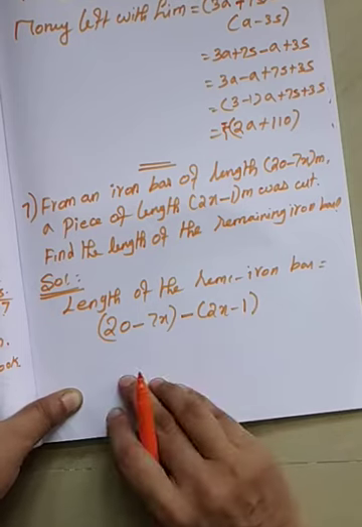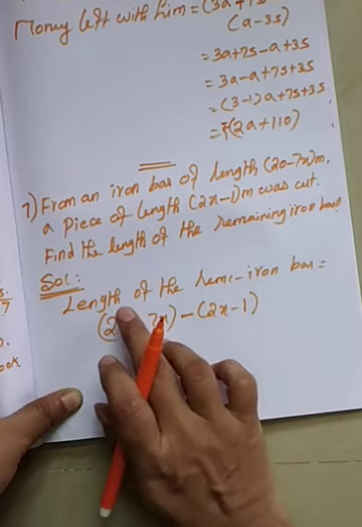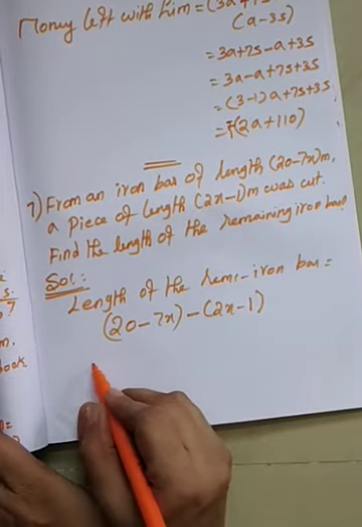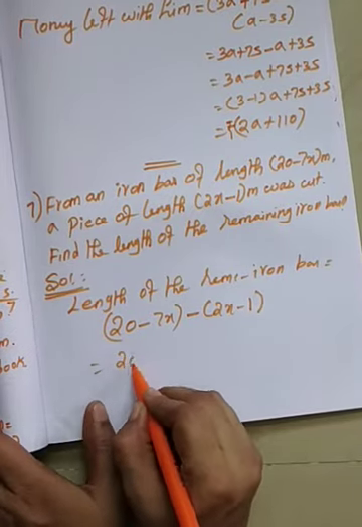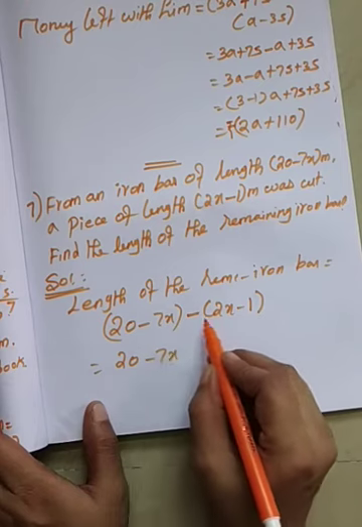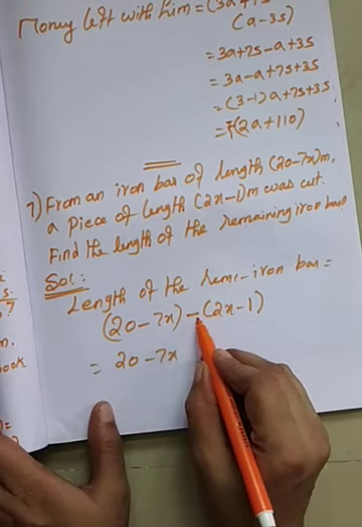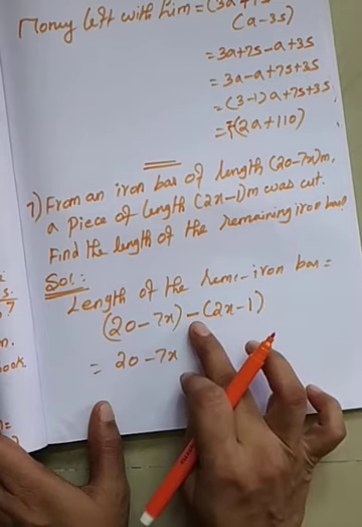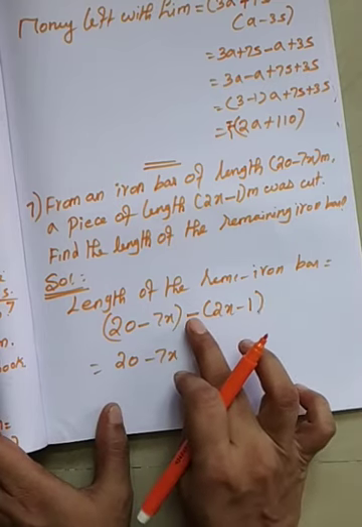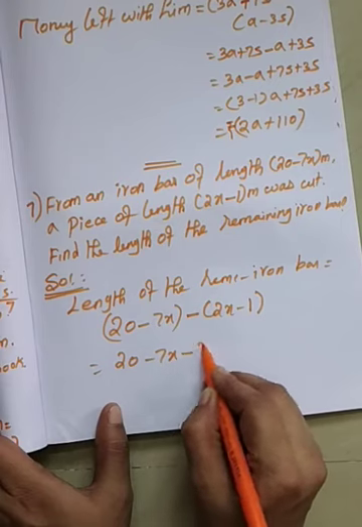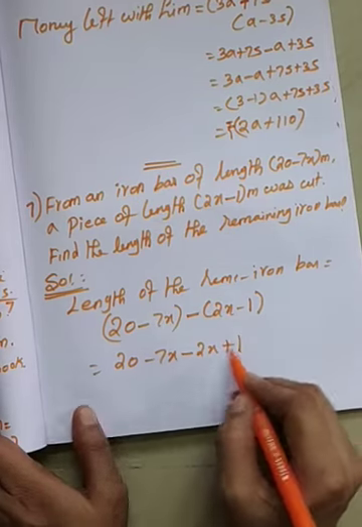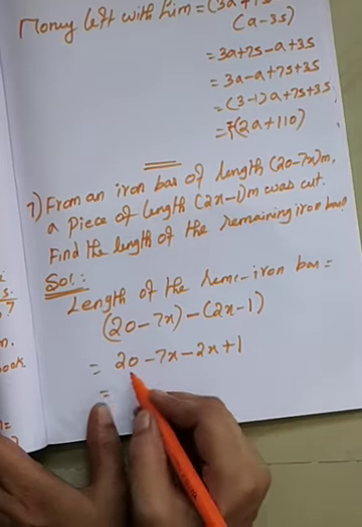Now simplifying this, you will get the length of the remaining iron bar. First you write 20 minus 7x. Next, the minus is common for this whole term, so you can multiply the minus inside the bracket. So you will get minus into plus is minus 2x, minus into minus is plus 1. See, first you have to arrange the terms.